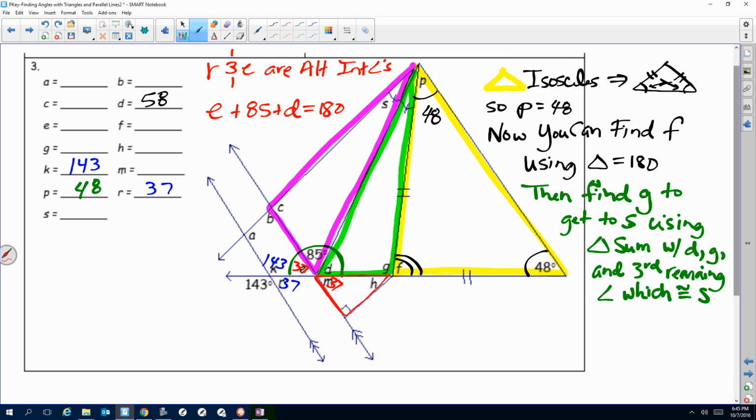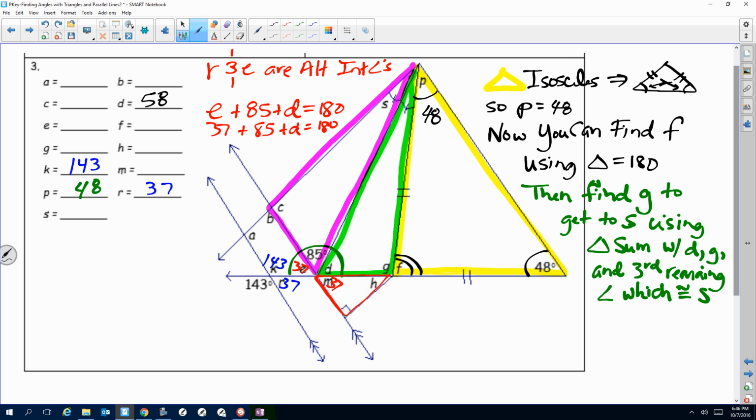To get to my D, I know that E plus the 85 plus D is 180. Since E is already 37, then 37 plus 85 plus D is going to equal 180. So basically I can just add the 2 and subtract it from 180. That would give me my D, and now I can work on my green triangle.